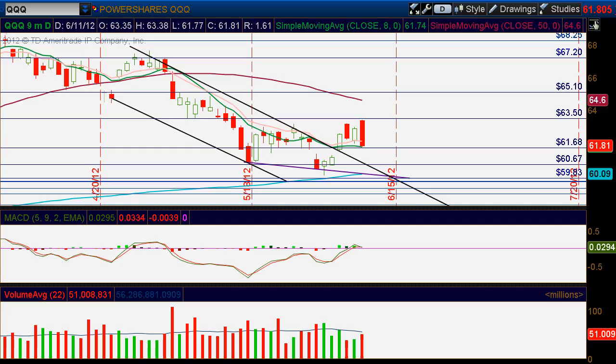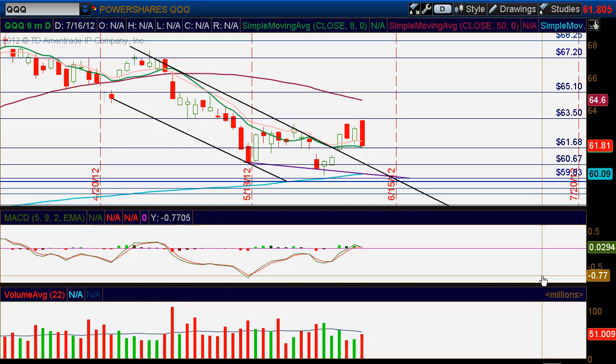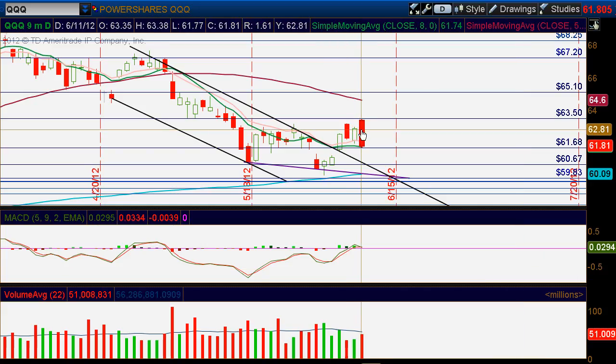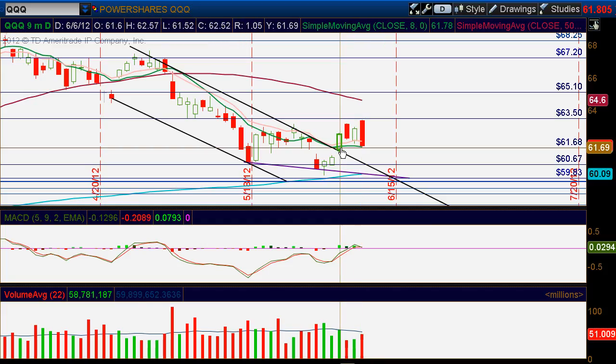So let's get the class started here, and let's analyze our QQQ chart really quickly to see what happened today. And wow, look at this big down day that we had on the markets. We were gapping up and then crashing back down, getting stopped and finishing the day right on the 8 moving average, which you see here in green.